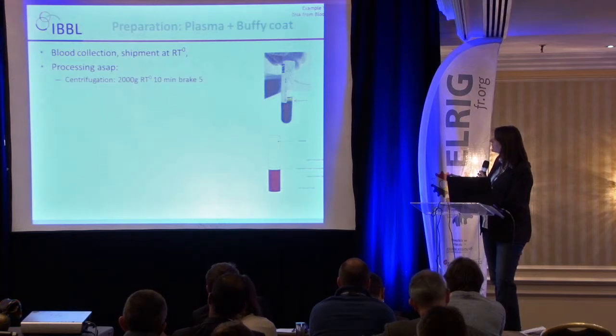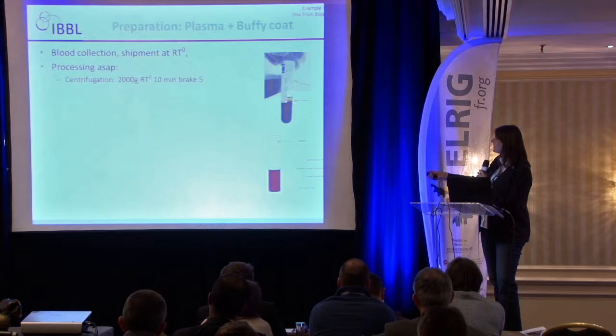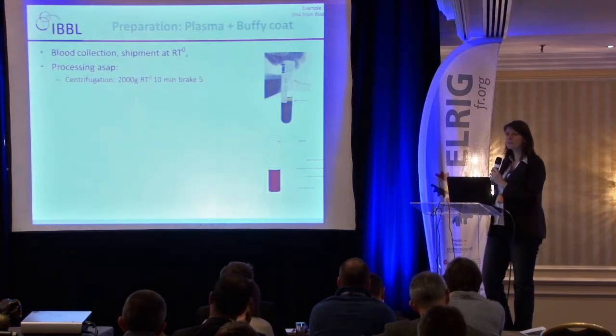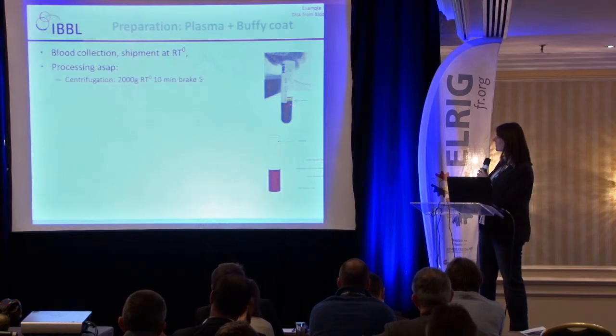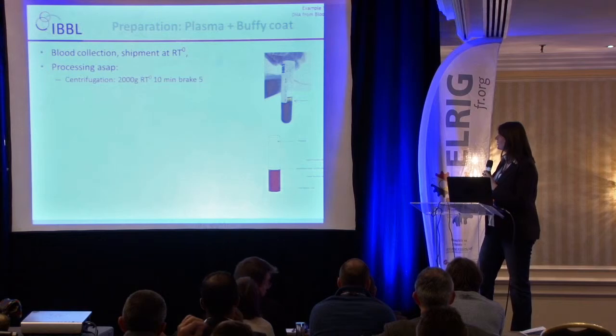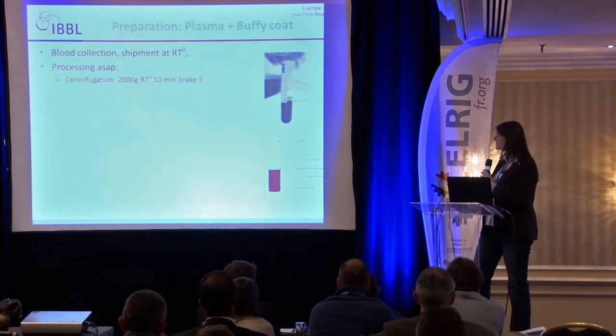But here the plasma was already pipetted, so there's only a small volume left. In orange here you have the plasma, below you have the red blood cells, and the intermediate layer is the one which interests us particularly for this presentation today, because this is the Buffy coat. It's a small little white layer which contains all the cells, mainly white blood cells, with the nuclei, so you can extract the DNA.